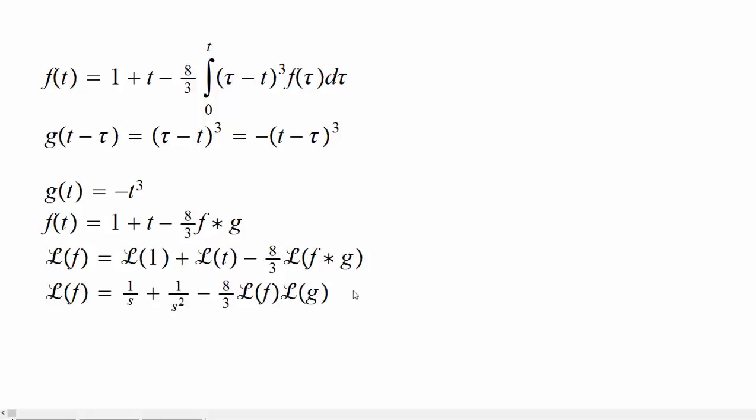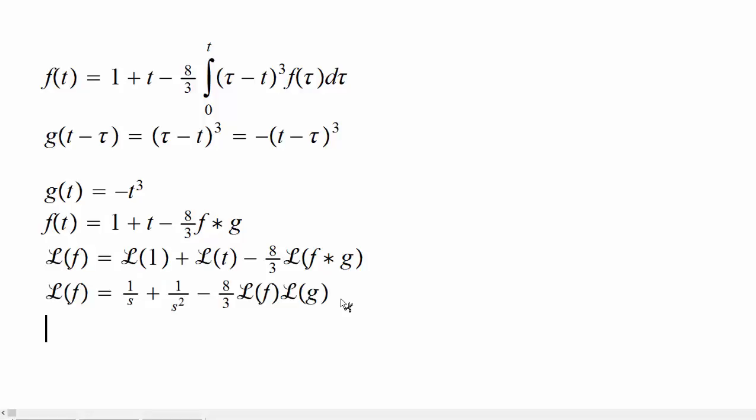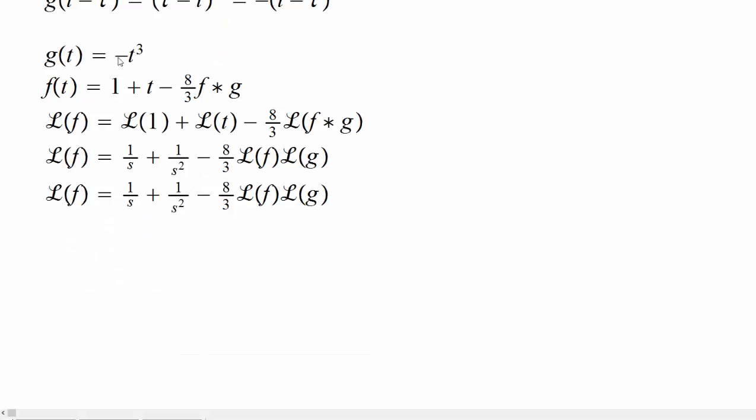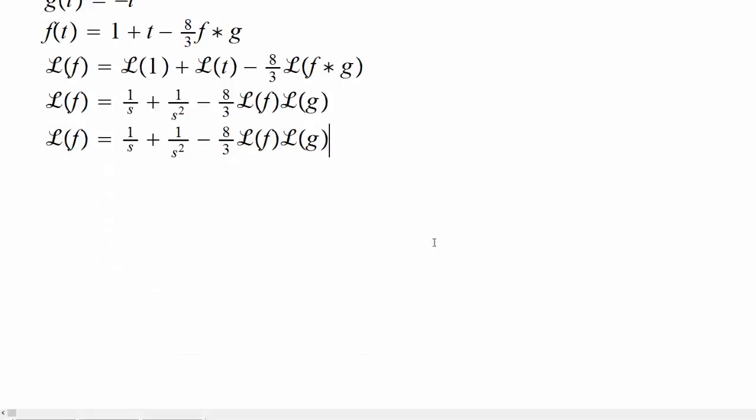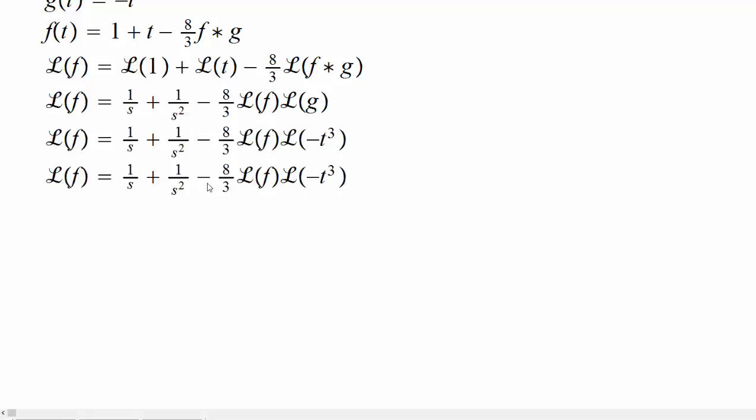Remember, we just determined that g equals negative t cubed. And the Laplace transform of negative t cubed?